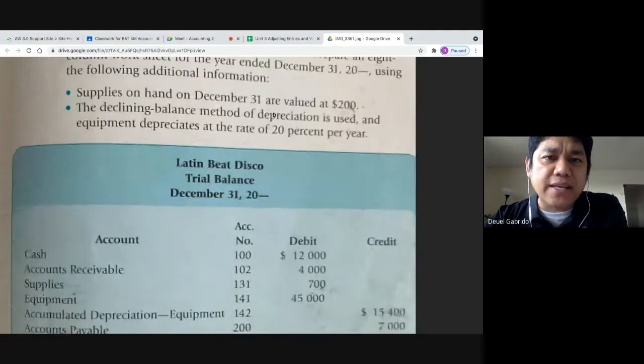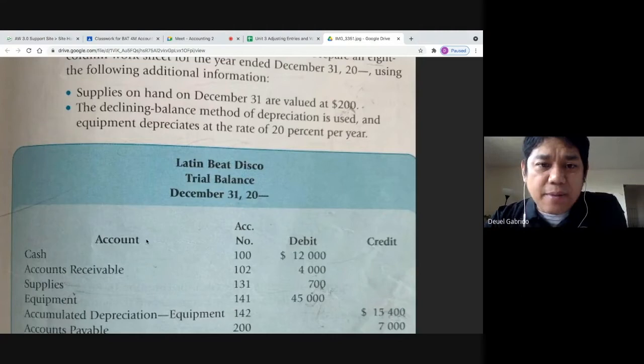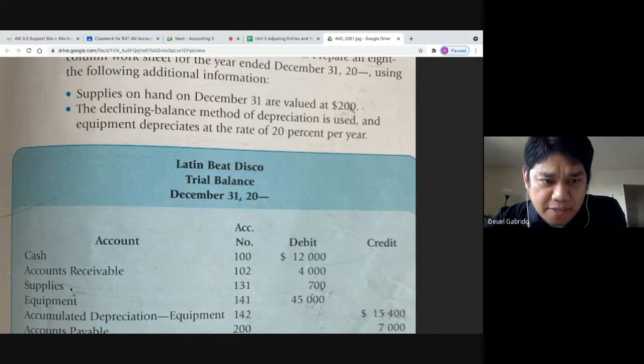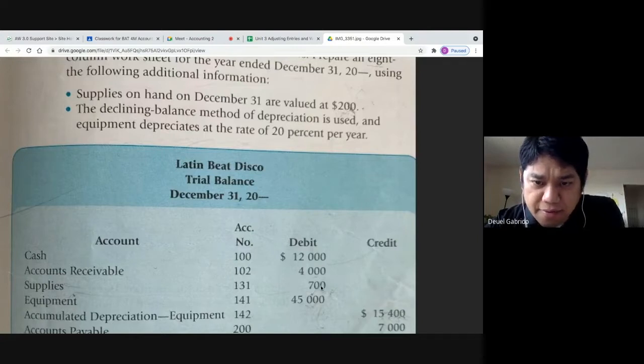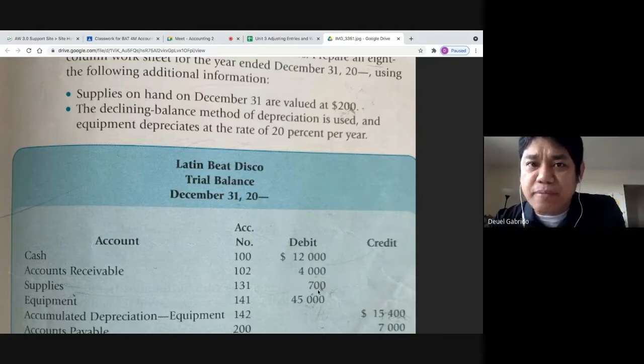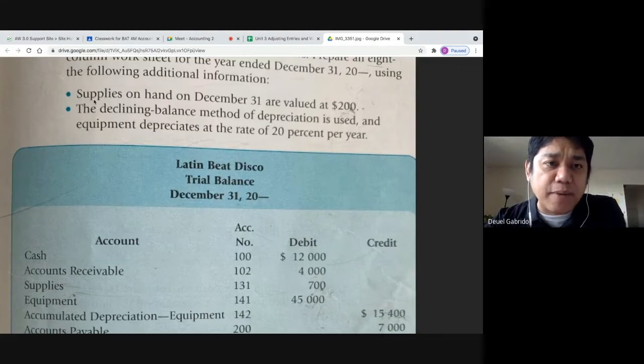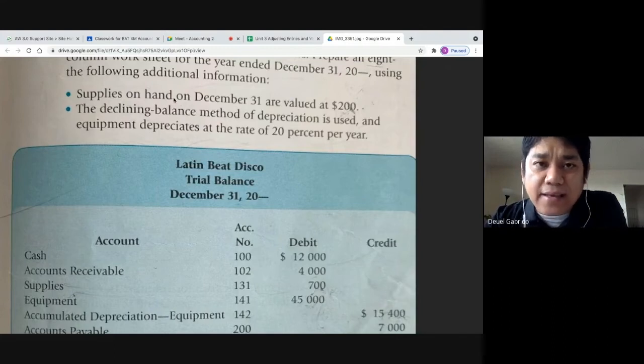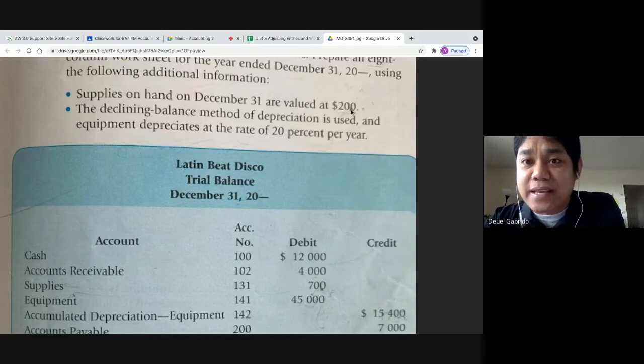Although you see, guys, you see the December 31 here, it's like it's the end of the year, right? But the number here related to supplies is not correct. So how much is the supplies here? It says 700, right? Do you see? Is it 700? Right? Let me know if you can see this. Yes. Okay. So this number is wrong because according to the adjustment, the supplies on hand or the remaining supplies are valued at 200 only.